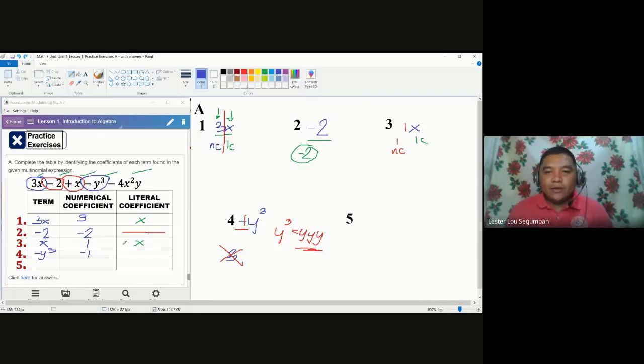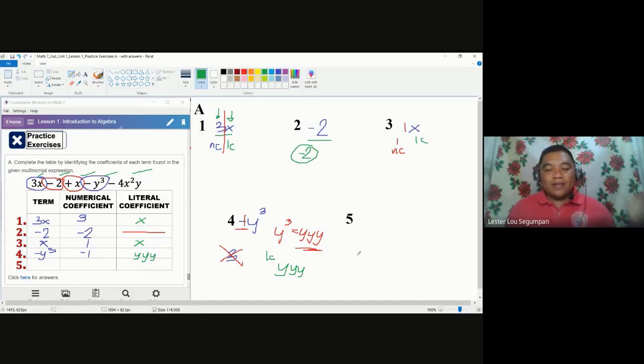As to our literal coefficient now, it takes the rest. When I say the rest, it is not just y, because you might say the literal coefficient is y. Again, there are 3 variables of y multiplied to each other here. So you could say that the literal coefficient here is y, y, y. So this might be what you're going to place here, y, y, y.